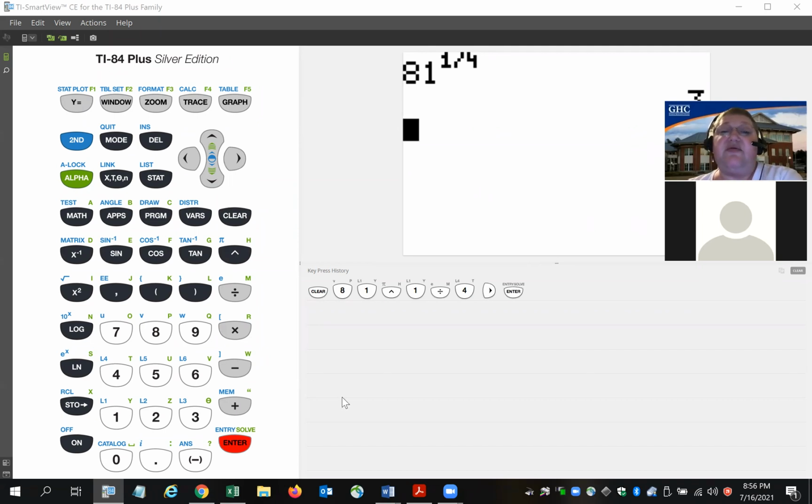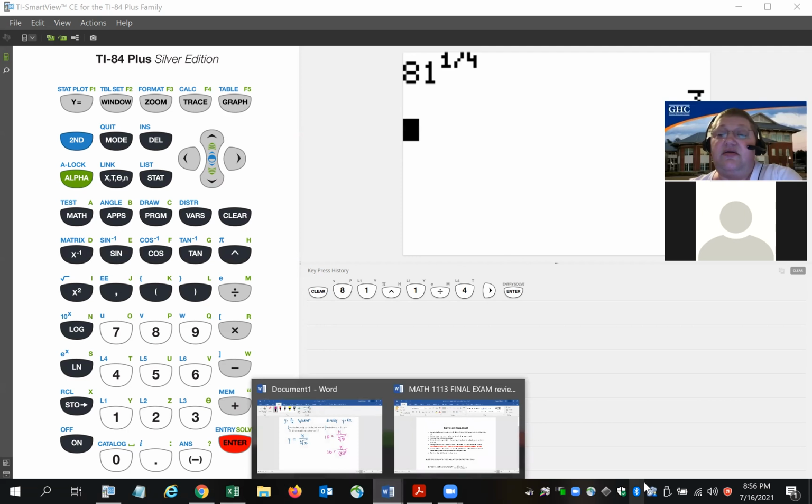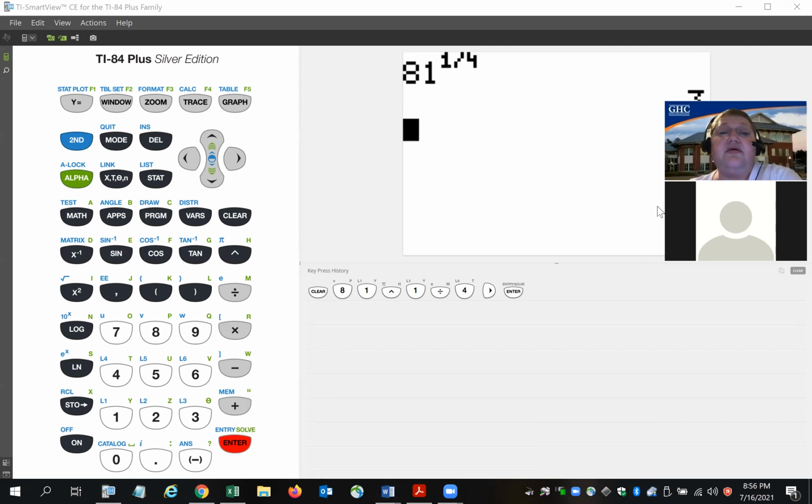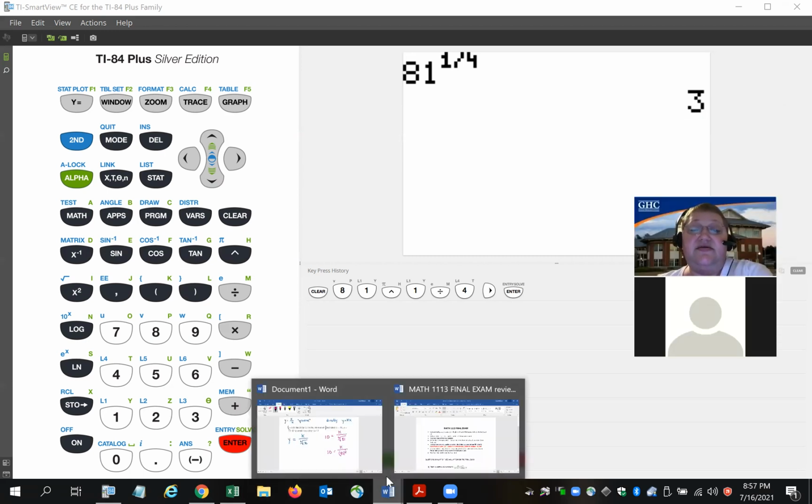Yes, Shay, you can do that with all the roots. Even if it were a square root, I can do 81 to the 1/2. If it's a third, I could do 81 to the 1/3. You can convert any radical to a fractional exponent. So 81 to the 1/4 power is 3.